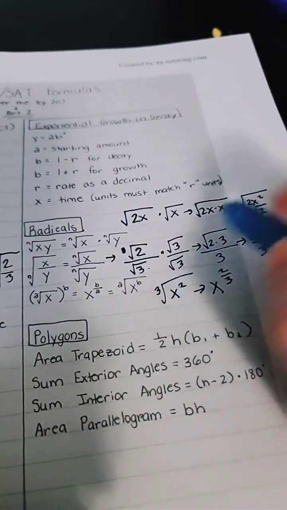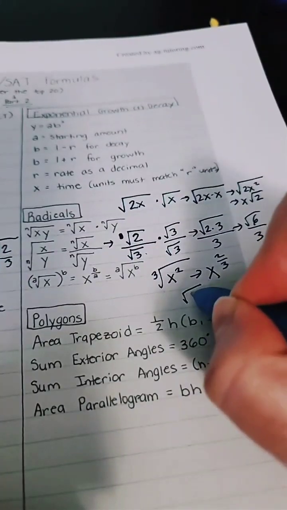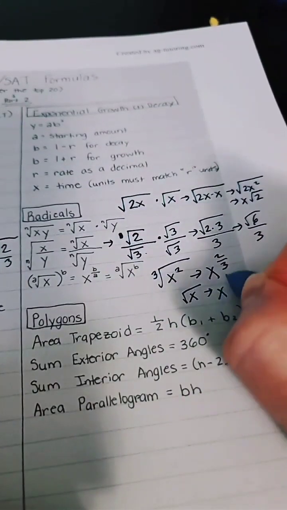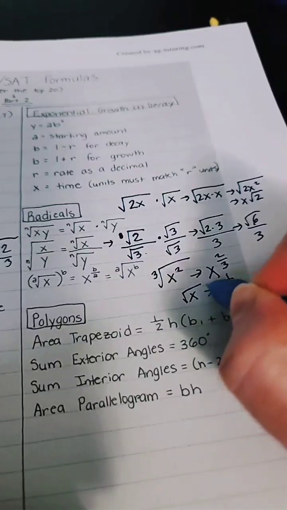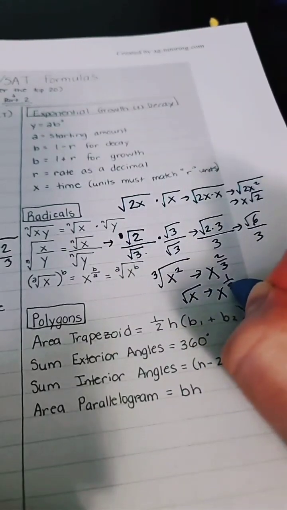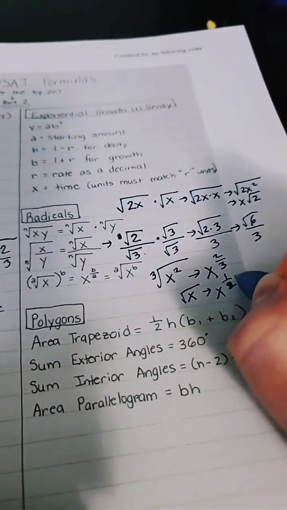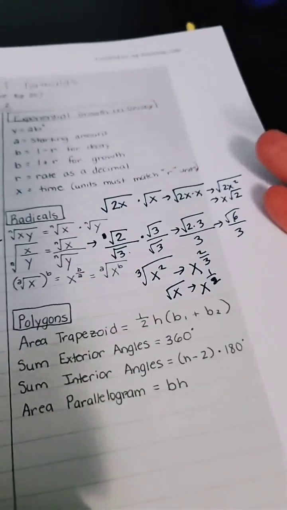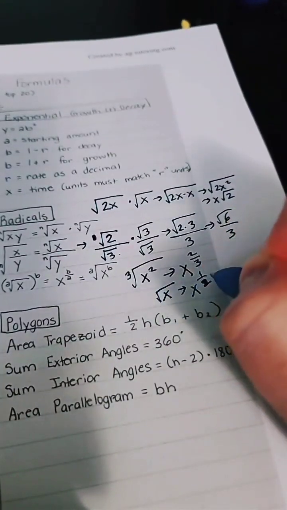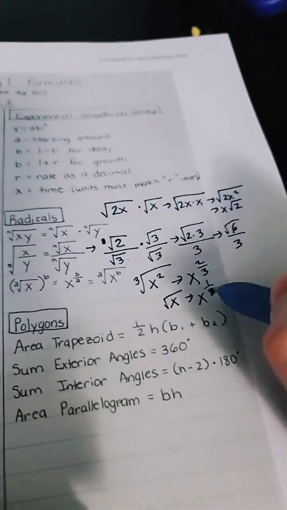So if you have a square root, like let's say you have the square root of x, that would be x to the 1/3, because it's being technically raised to the 1, we just don't write it. Or sorry, 1/2 is what I mean. 1 over 2, because it's a square root, so the radical is technically the squaring type of radical at 2. We just have to remember that, but all the other ones have them written on the outside.